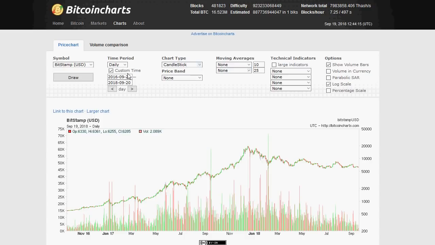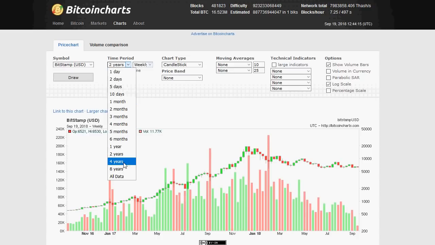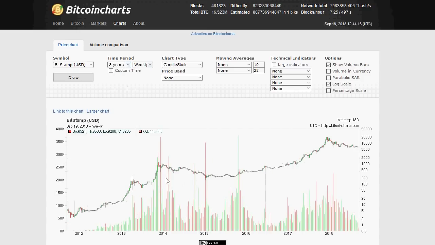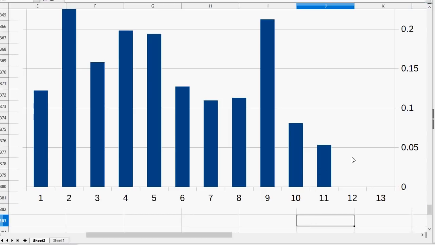But what I've done is I've taken the weekly data over the last 8 years. I've got all this data and I've put it into the spreadsheet. I've calculated the volatility, and the last 11 weeks are at 5%.